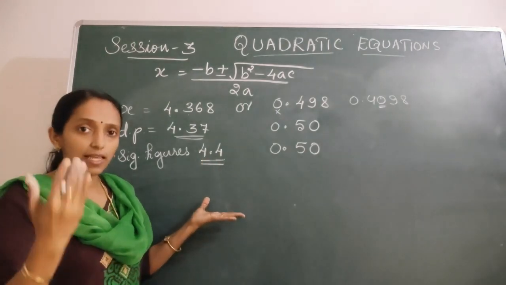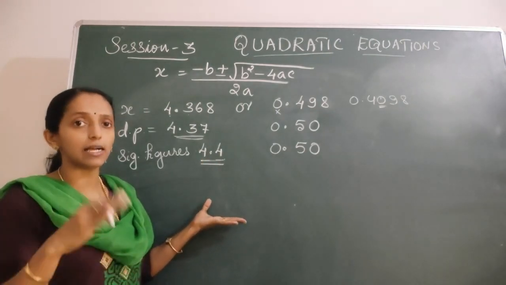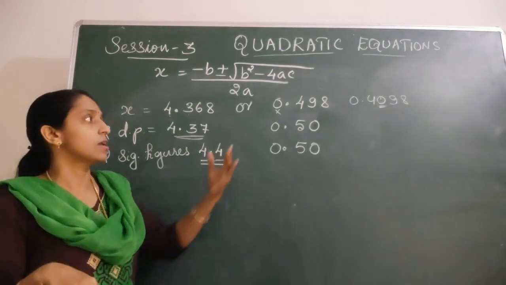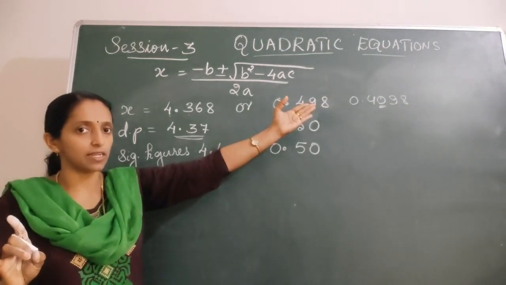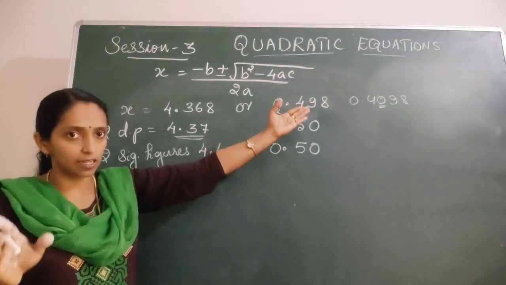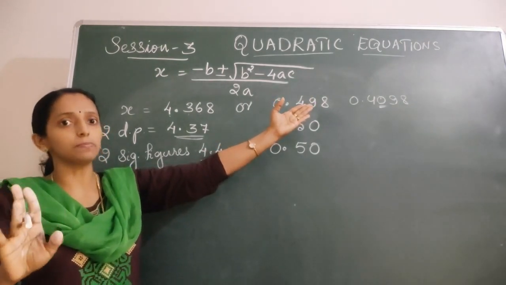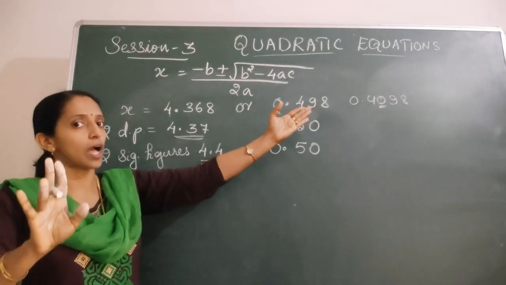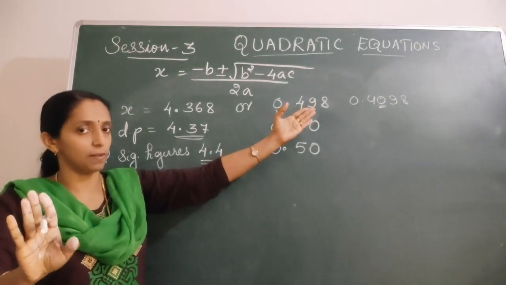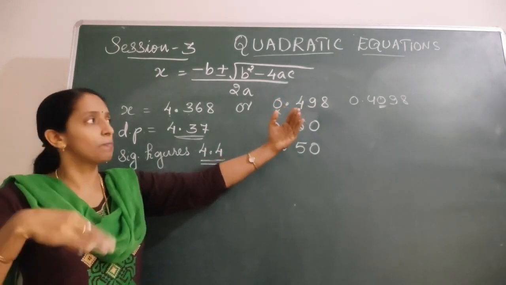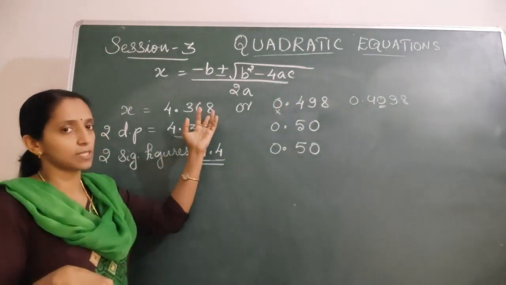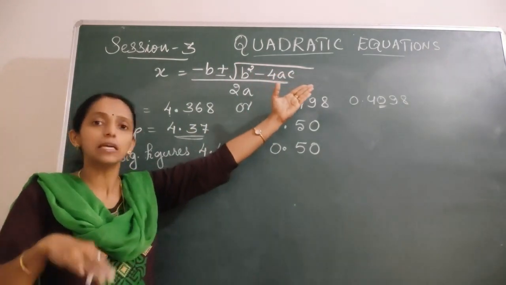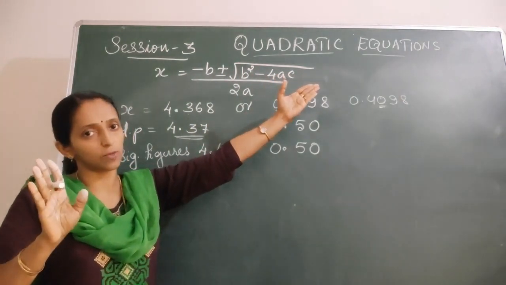Rather than a perfect square, if any other square root comes, calculate the square root by the long division method. There also listen to the question: minimum 2 digits you have to take after the decimal, so better you go for more than 2. That means if it is correct to 2 decimal places, you have to take 3 digits after the decimal.